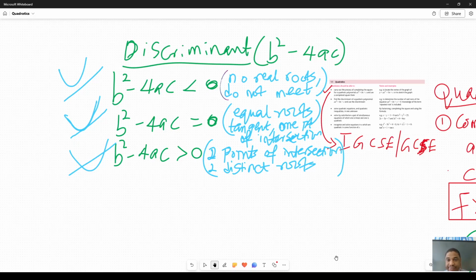Okay? Then the next thing we are going to see is solve quadratic equations and quadratic inequalities in one unknown. I think you did this also in GCSE or IGCSE. So quadratic inequalities, please use your calculator. Your calculator can tell you the answer.